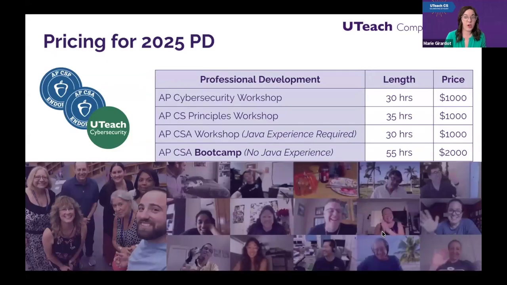For the online workshop, like I mentioned, the most popular option has been our self-paced online PD. For cybersecurity, that's 30 hours that you have a 3-month time frame to complete. That's $1,000. It's a combination of personalized check-ins with your PD facilitator whenever you want to schedule them, plus self-paced modules, so you get a little of both.